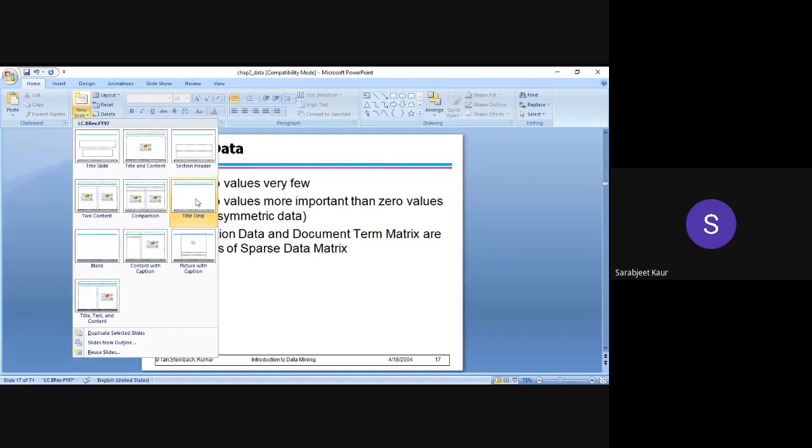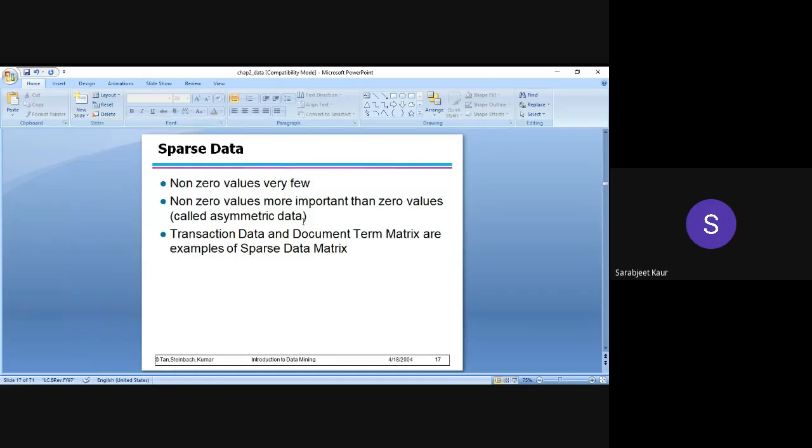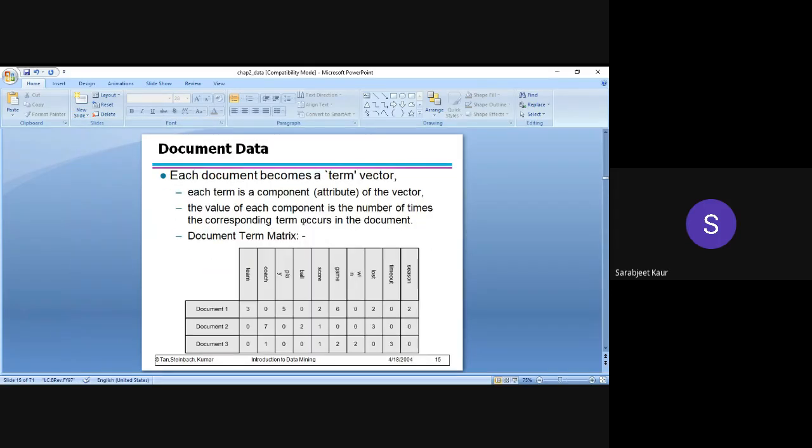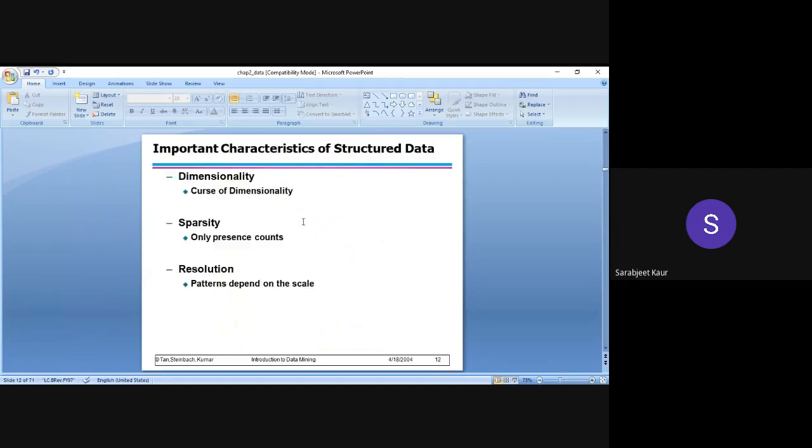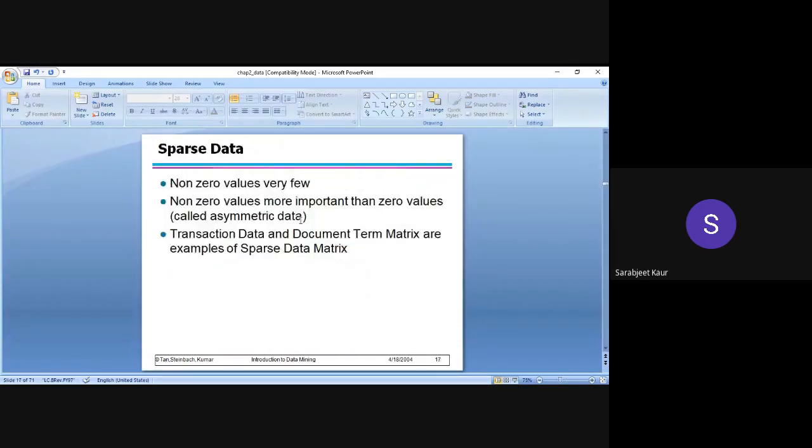They are treated differently than the zero values. There might be data where both 0 and 1 occupy the same importance. Such kind of data is known as symmetric data.